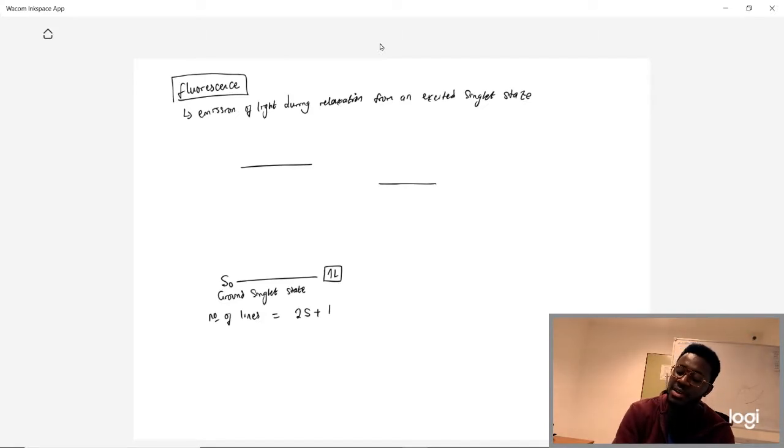For here, what's the total spin? It's plus half, minus half, so it's zero. So S is equal to zero, and the number of lines is 2 times 0 plus 1, so it's 1. So this is a singlet state.